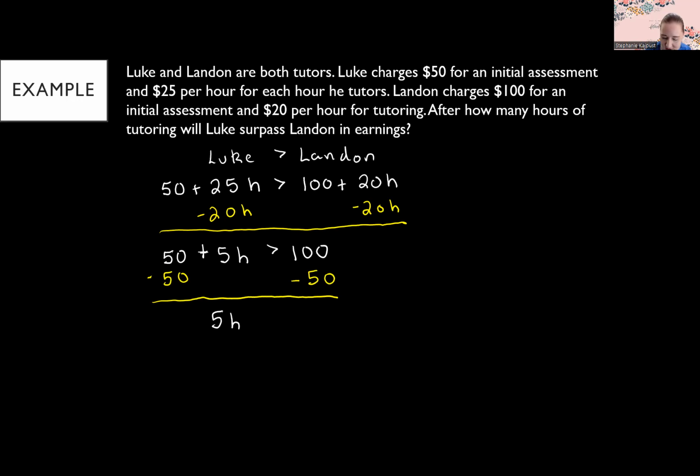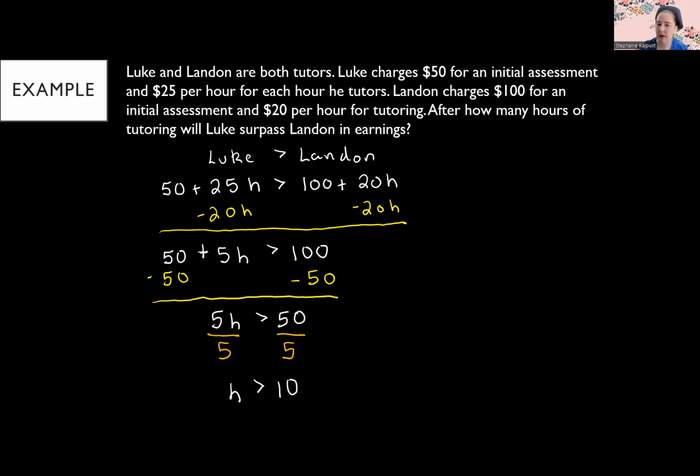So I have 5H is greater than, and then 100 minus 50 is 50. And so now I just need to divide both sides by 5. And when you're dividing by a positive, you do not need to reverse anything. And we get H is greater than 10.